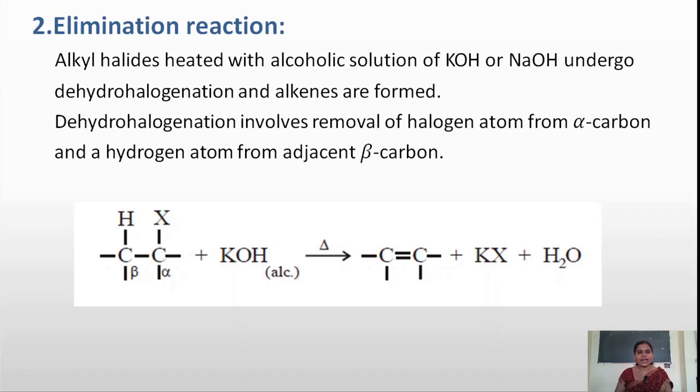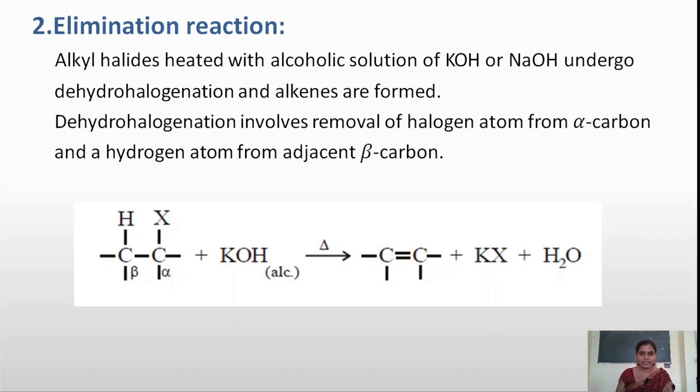Now you know that the word eliminate means to remove. So in the elimination reaction of the alkyl halide there is a removal of something. And what will be removed in this elimination reaction? Mostly there is a removal of a halogen and a hydrogen atom from the alkyl halide in the elimination reaction.